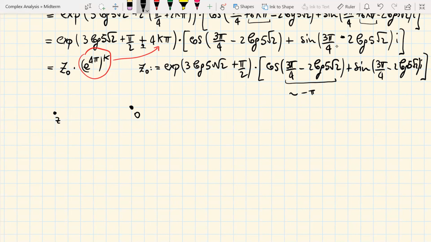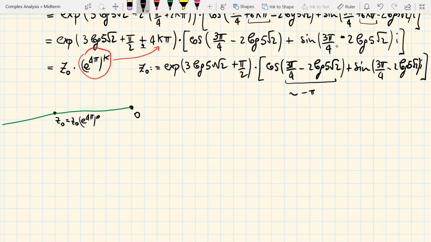This is your z0, which is also z0 times e to the 4π times 0. And then all the other numbers will lie on the half line starting from the origin and passing through z0.